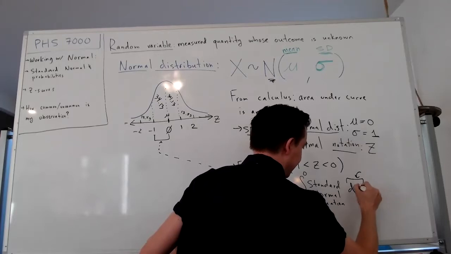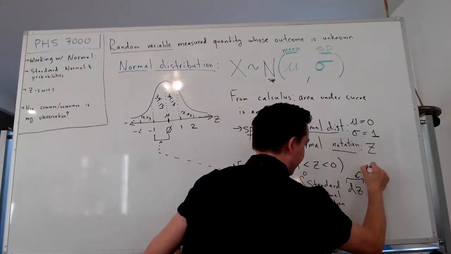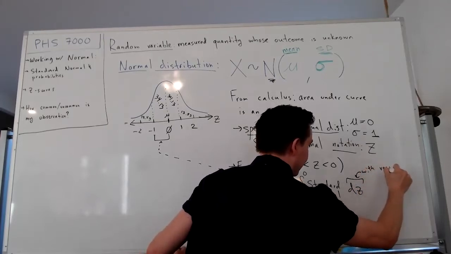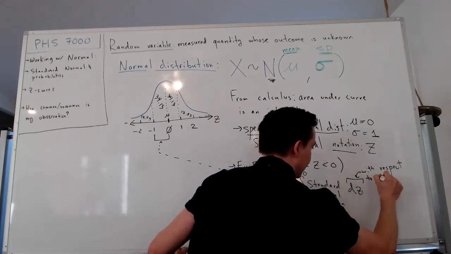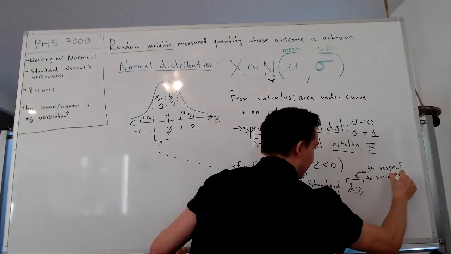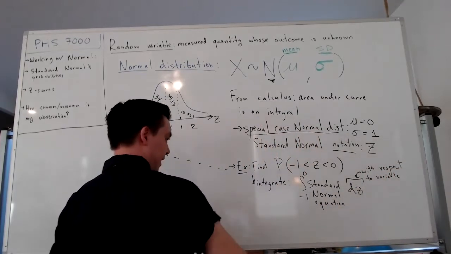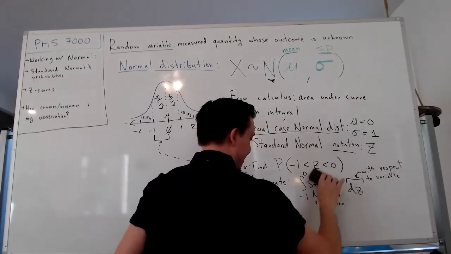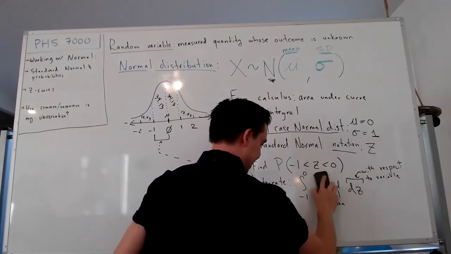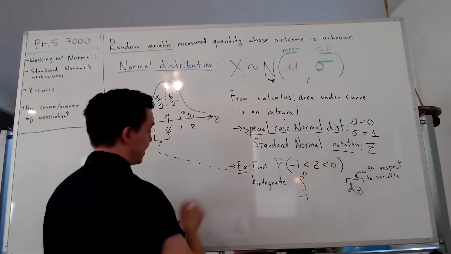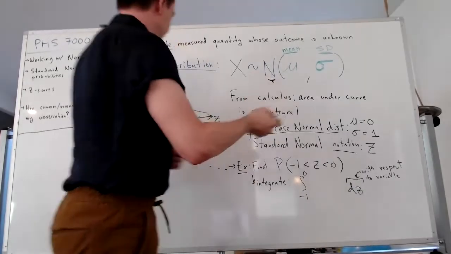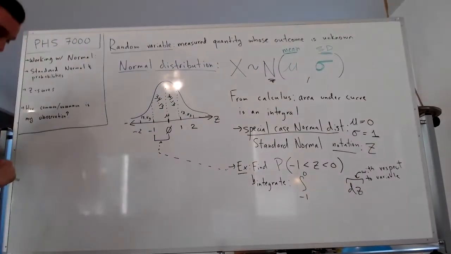Technically, it would be dz because it's with respect to the variable. So again, at the risk of being too precise, if I rewrite my standard normal equation, this also gives me an opportunity to write out the equation of the normal.